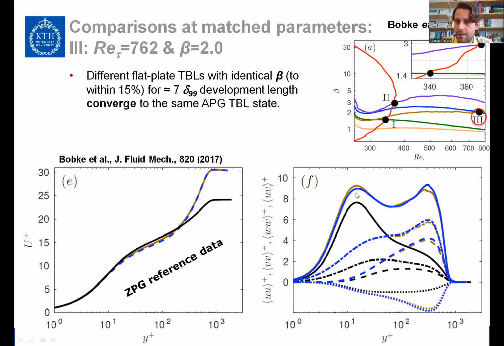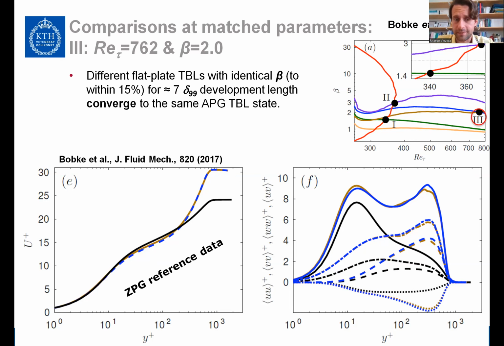And if we look at point number 3, what we can see is that the blue line has been exposed to a slightly different evolution from the brown line, but for the final evolution of the domain, the two lines are actually very close. In fact, for 7 boundary layer thicknesses, they are both quite close.